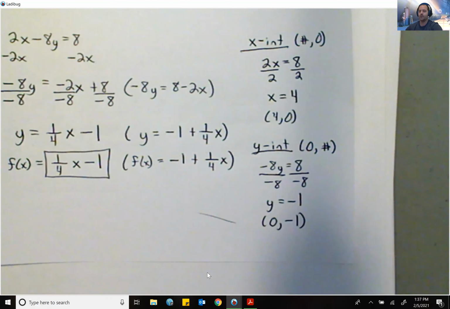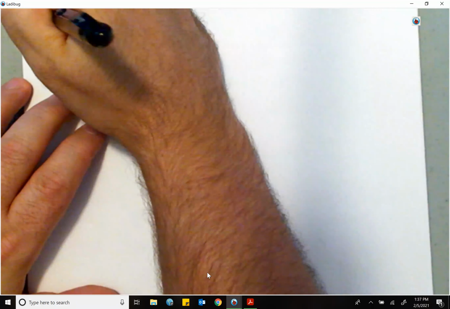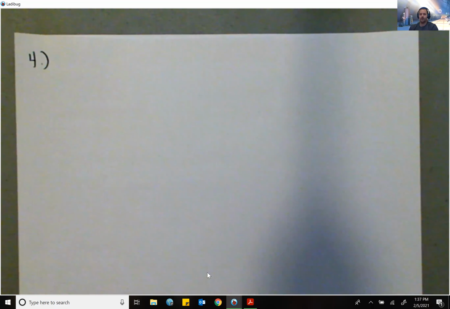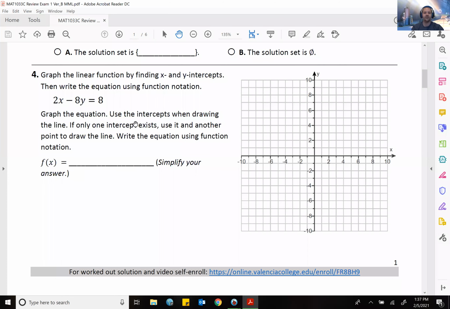Okay. So let's talk about how the graph is going to work for you for number 4. Isn't this one the one that we could also plug in the thing that we did in the graph calculator? You can, but just make sure that you are graphing it the way they want you to.